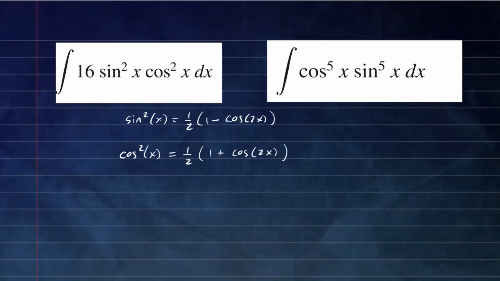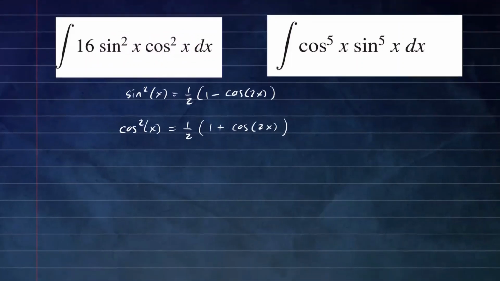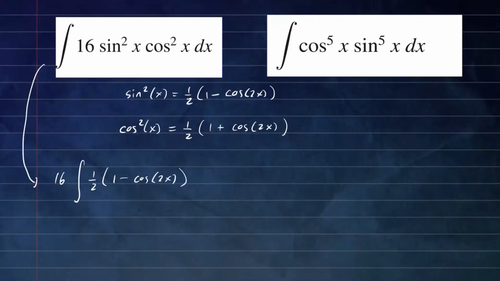Now I see that I have sine squared and cosine squared of x. I'm going to apply these two identities and simplify algebraically. So 16, we can pull outside the integral. Sine squared x we replace with 1/2 (1 minus cosine 2x), and cosine squared x we replace with 1/2 (1 plus cosine of 2x) dx.